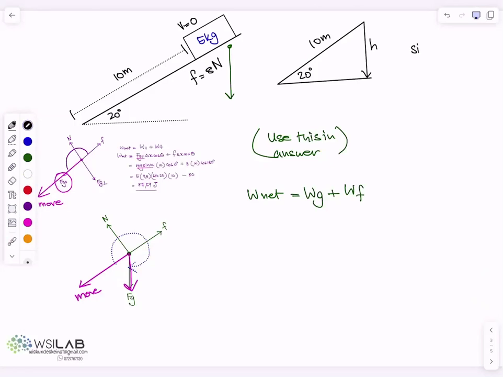Sin 20 is opposite over hypotenuse. So h is 10 sin 20. Is that correct? Everyone agrees? Yeah. Sin is opposite over hypotenuse.